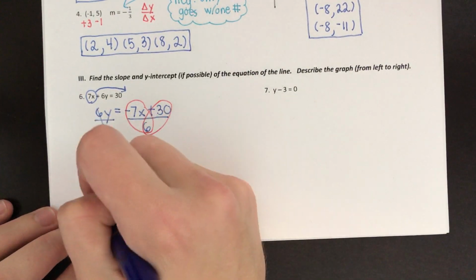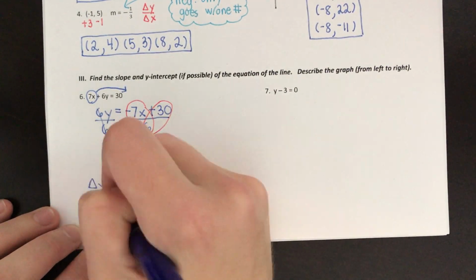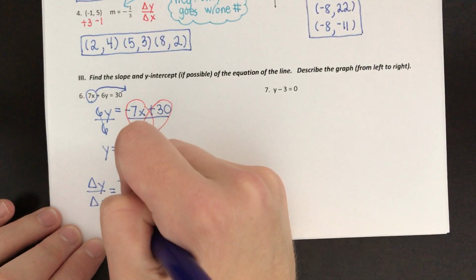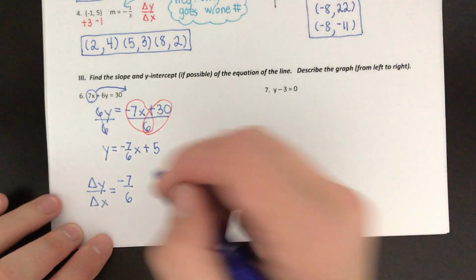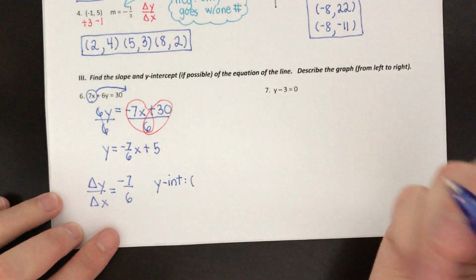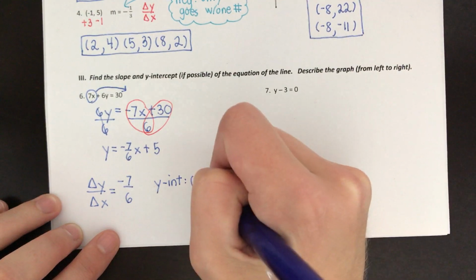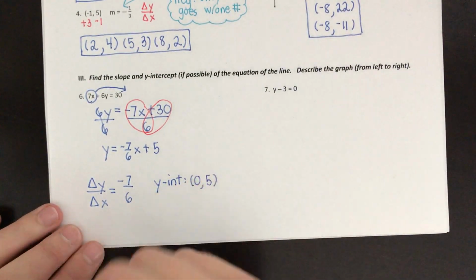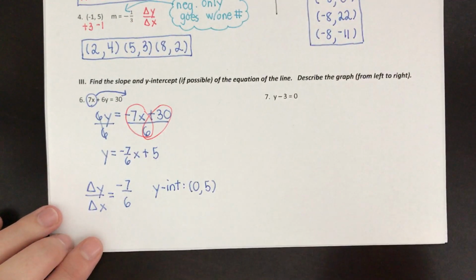So I do want you to notice how we're going to write this. We're going to write our slope as change in y over change in x, -7/6, and our y-intercept, I really want you to notice this, we're going to write it as a coordinate, because it's a point. Okay, 0, 5.